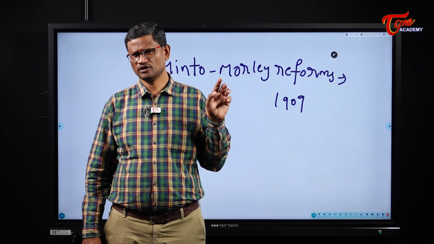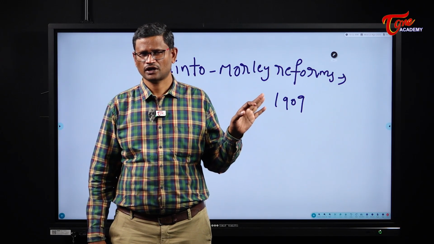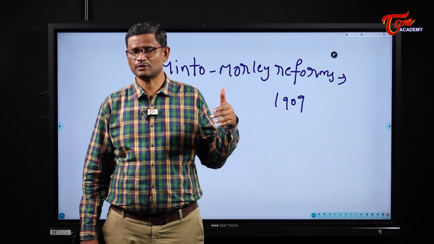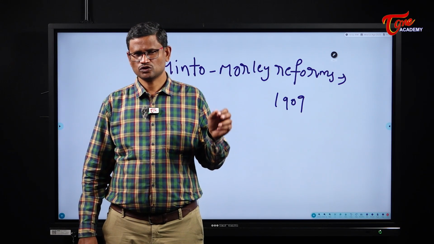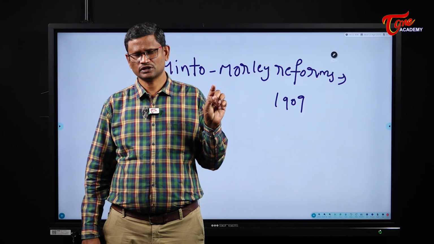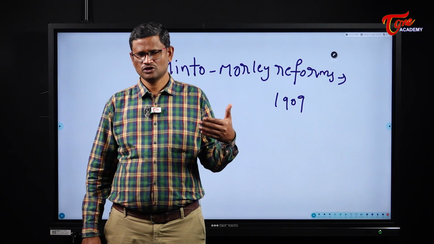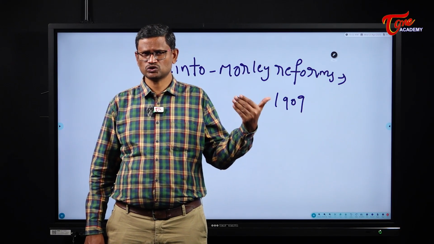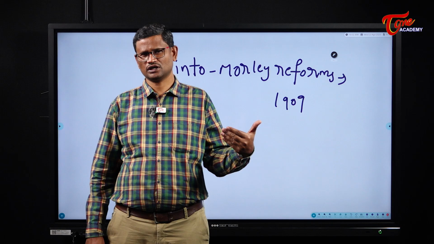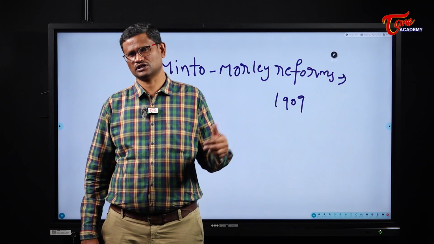So the Minto-Morley reforms are notorious for introducing separate electorates for Muslims. By doing so, this law tried to divide the Indians and weaken the national movement. This was an attempt at dividing Hindus and Muslims from coming together and giving a strong resistance to the Britishers within India.